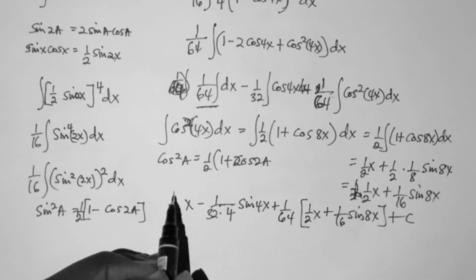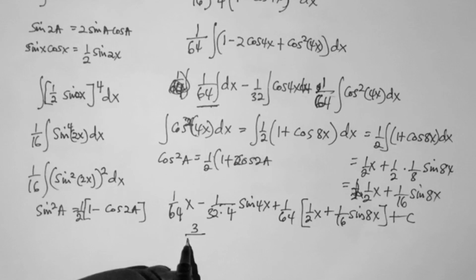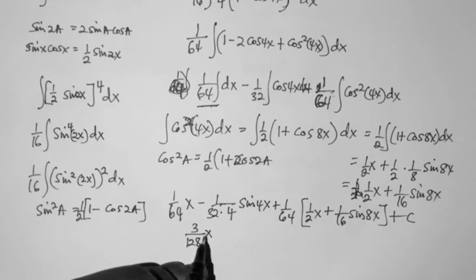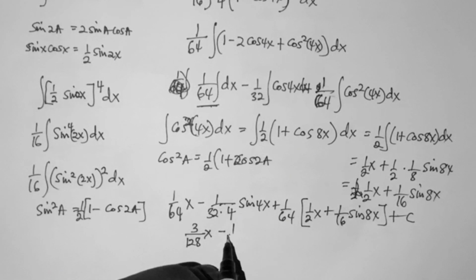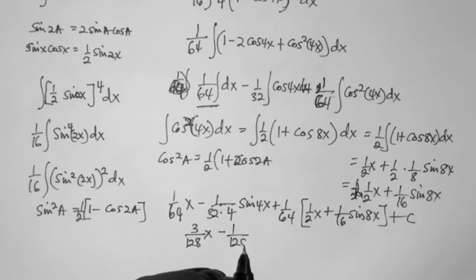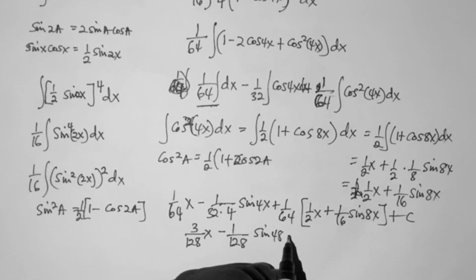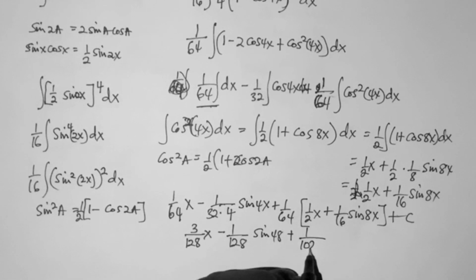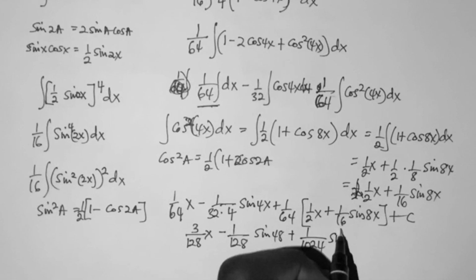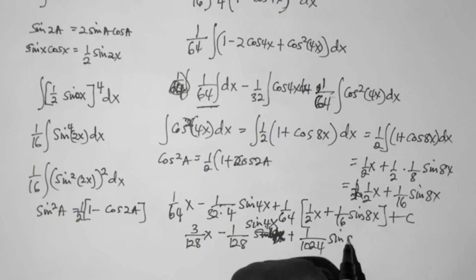If you expand this, it will give us 3 over 128 x, and then minus 1 over 128 sine 4x. Then this one becomes plus 1 over 1024 sine 8x.